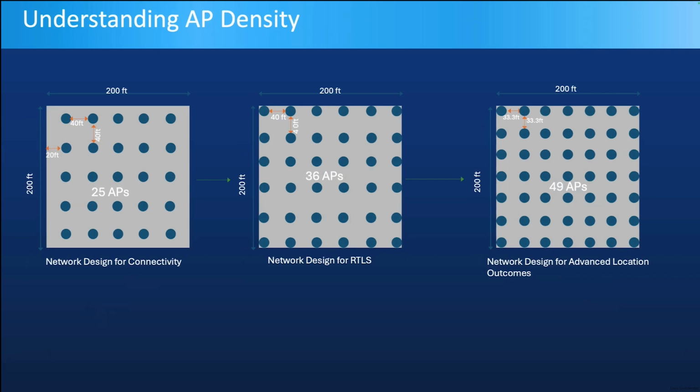So the transmit power is lower, which means the range is less. As a result, you need more anchors, and the anchors for us are APs. So we are reducing the distance from 40 feet to 30 feet. If you look on the left side, you have 25 APs, and on the right side, you have 49. So the number of APs needs to increase.